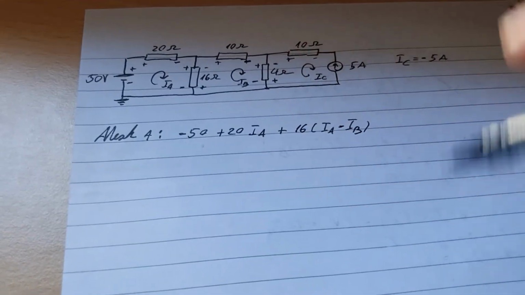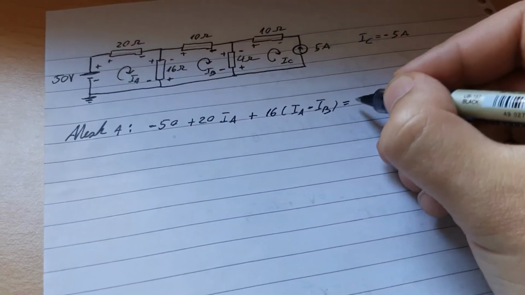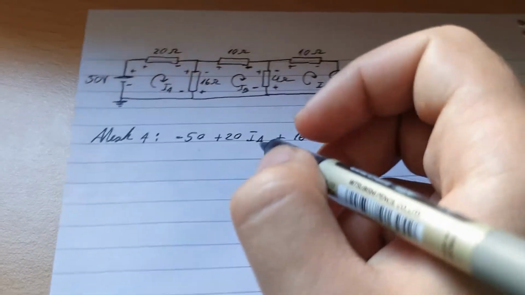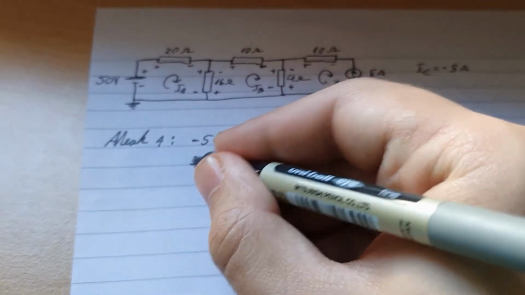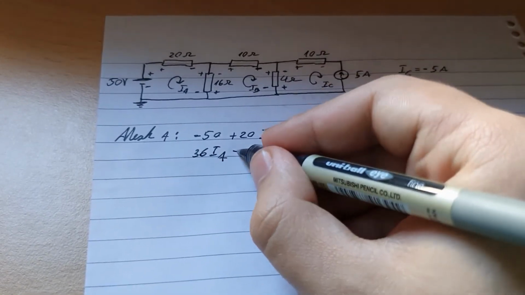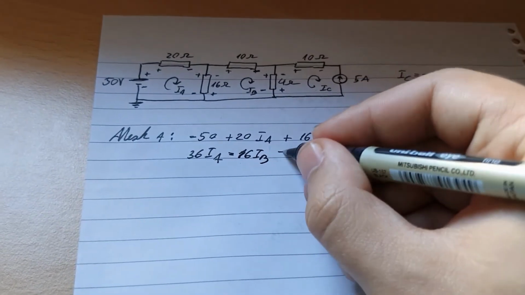Those 2 values here. And all of it will be equal to 0. So let's quickly calculate it. That will be 36 IA, and then minus 16 IB equal with 50.